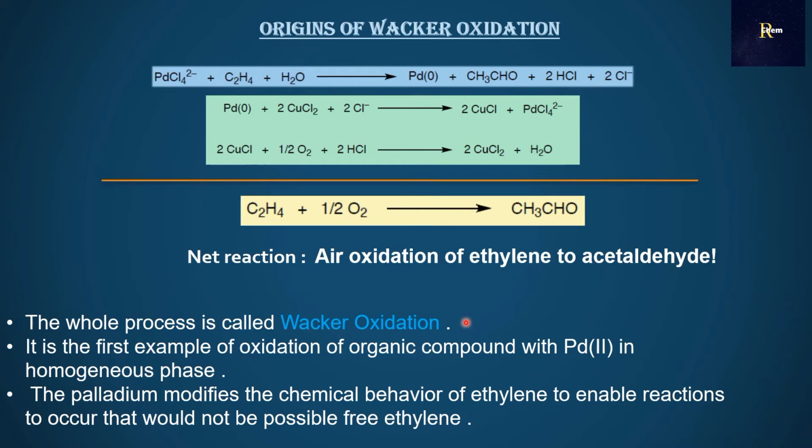Earlier, before the report of this reaction, generally platinum 2 was used in the heterogeneous phase. And the last point of this slide is that platinum modifies the chemical behavior of ethylene to enable the reaction to occur that would not be possible in free ethylene. I will discuss this point in the next lecture.